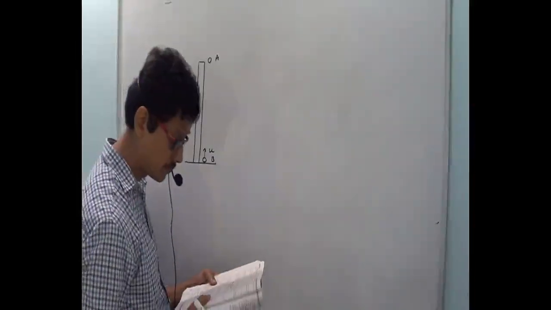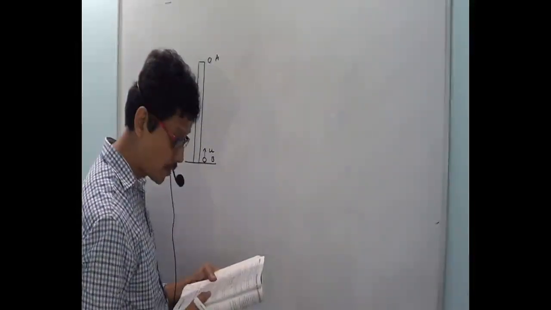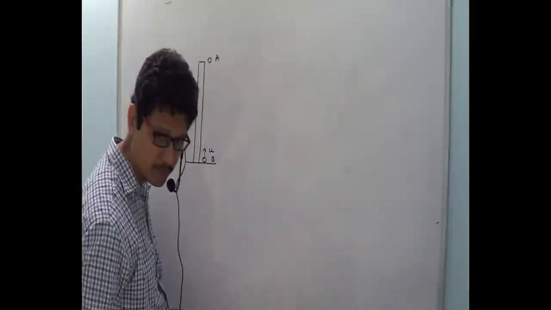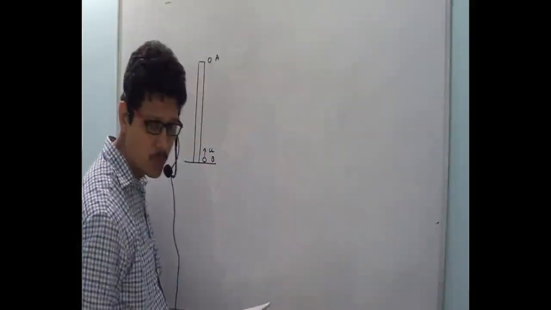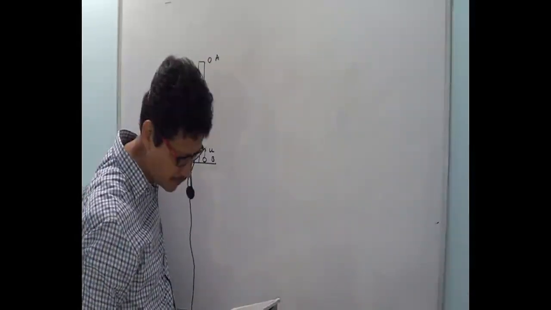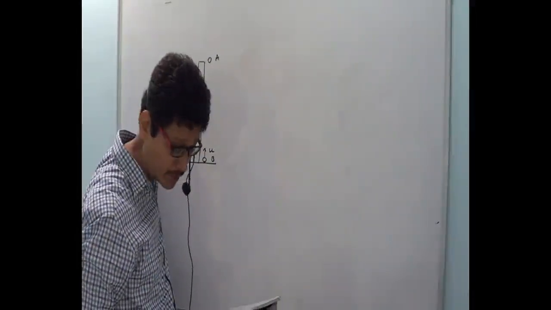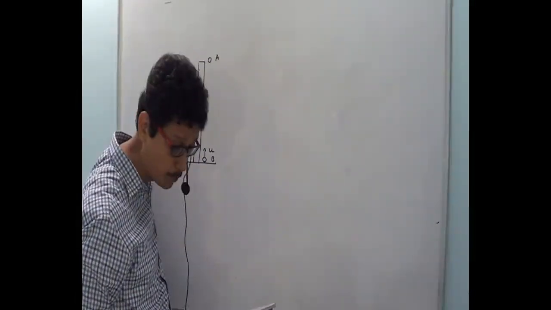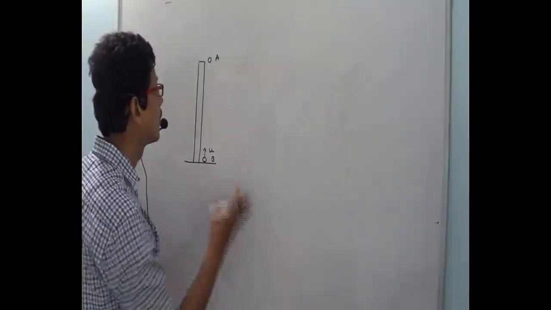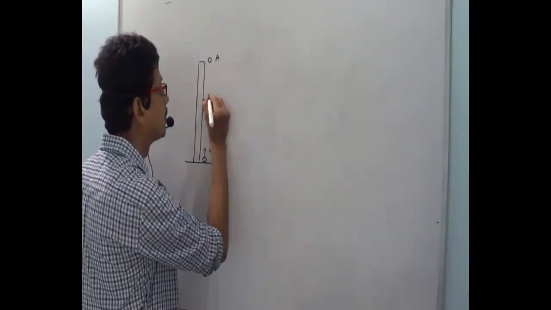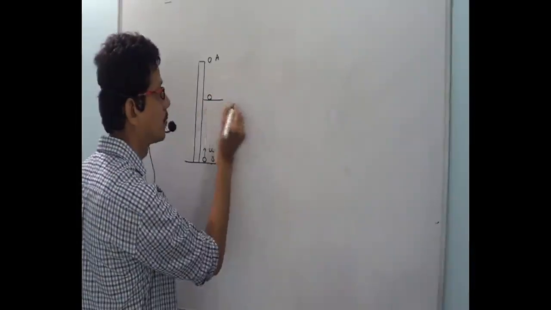Next question. When the balls collide, the collision happens. They are moving in opposite directions. Speed of A is twice the speed of B. Here they collided, for example, at this point.